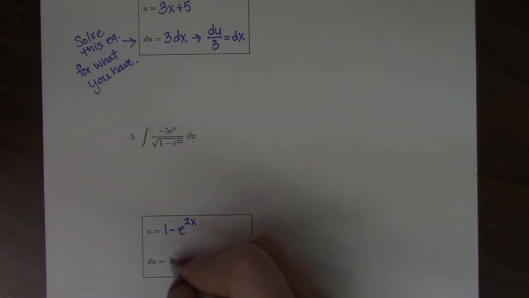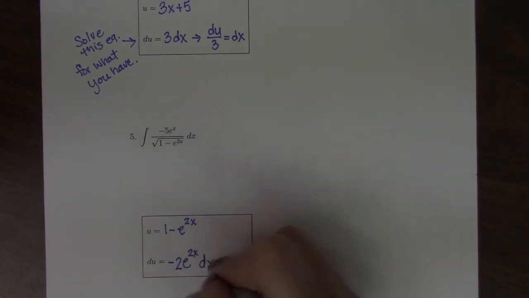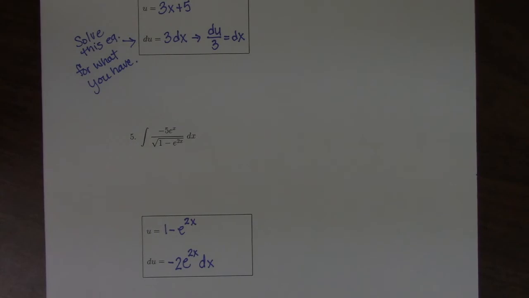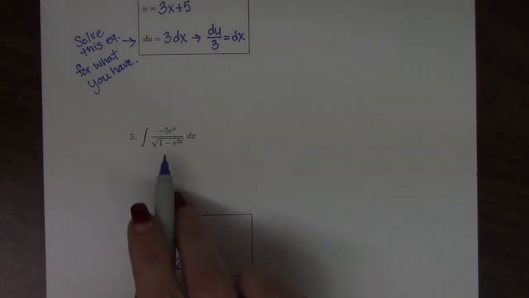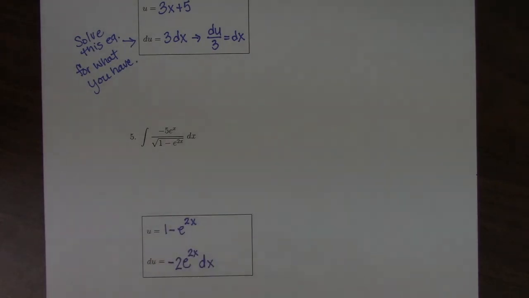So now if I take the derivative of that expression, I get negative e to the 2x, and then times the derivative of the inside, which is 2. So I do not have, I have a negative sign right here. I have an e to the x. I don't have an e to the 2x.